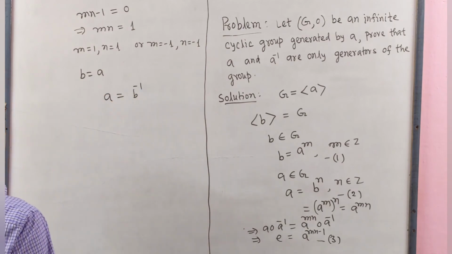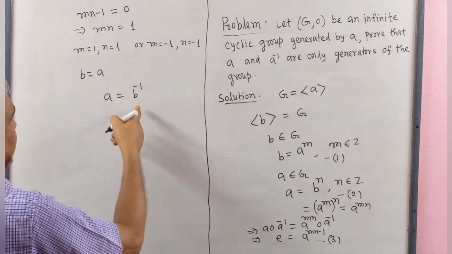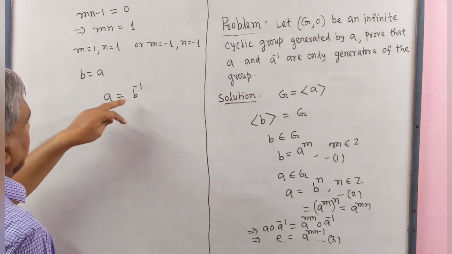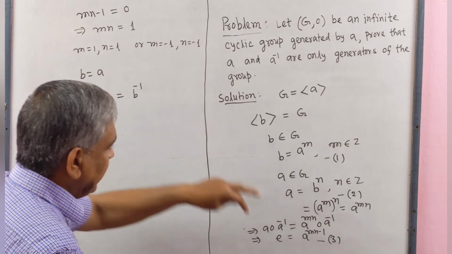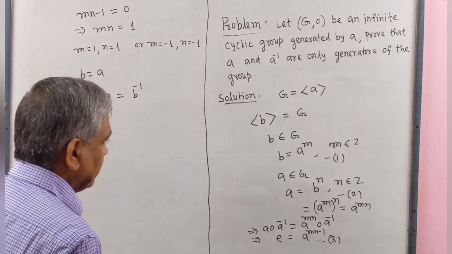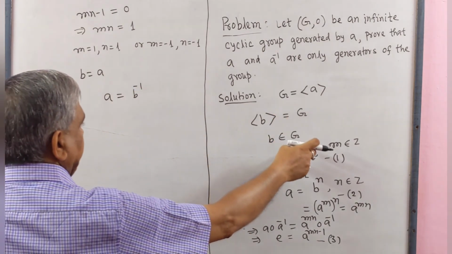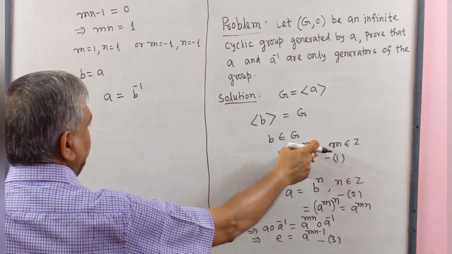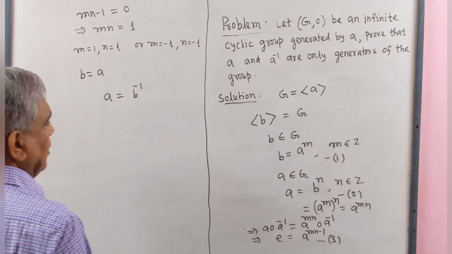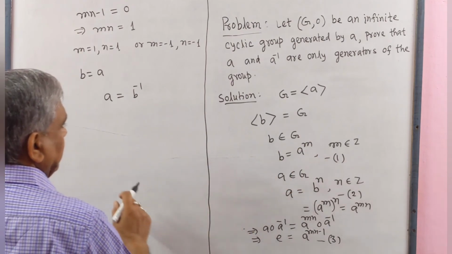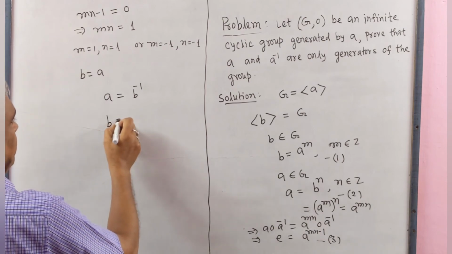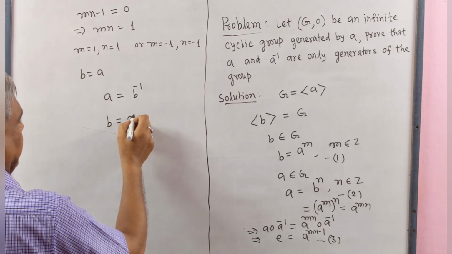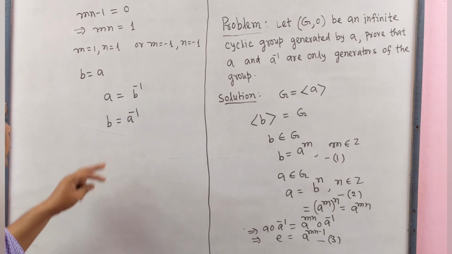That means if B is a generator, then B inverse is another generator. Or m equal to minus 1 in 1, B equal to A to the power minus 1.